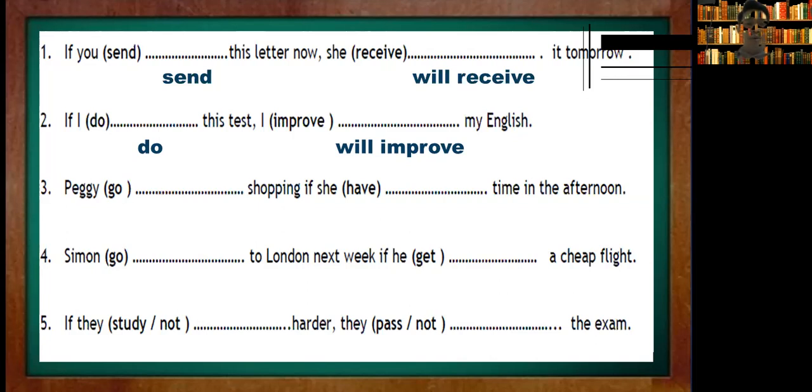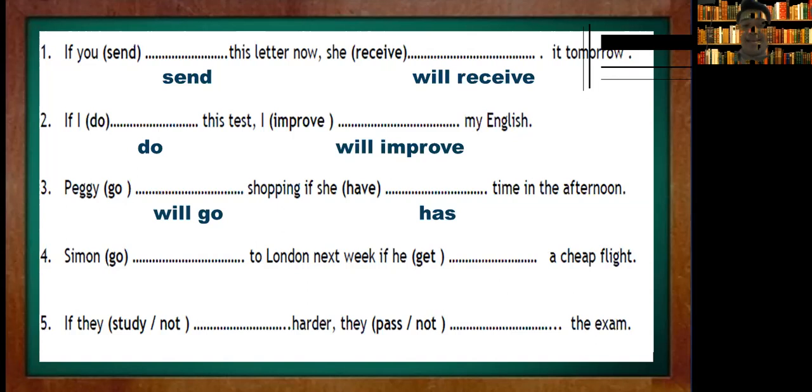So for the go here, simply insert will. So it becomes will go. Then for the have here, consider your subject, she. Singular or plural? Of course, singular. Okay? So has or have? Definitely you use has. Okay? So your answer should be, Peggy will go shopping if she has time in the afternoon. Yes, this is the answer.